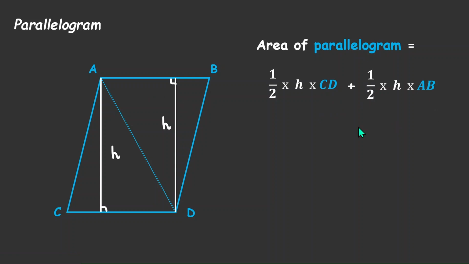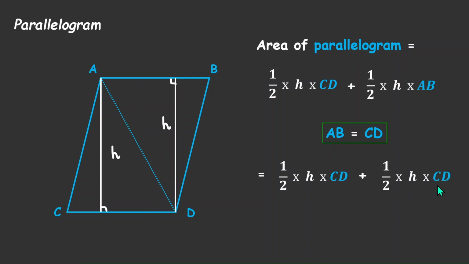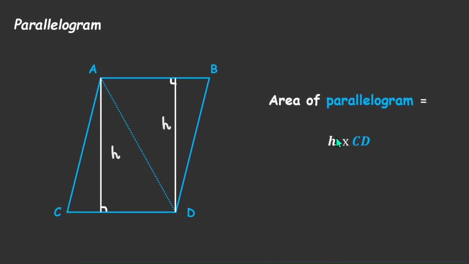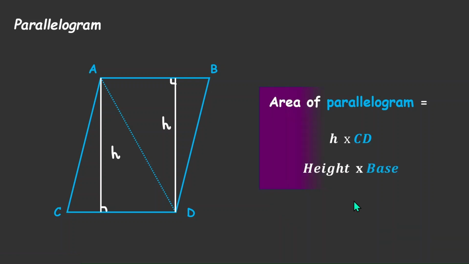Now for a parallelogram, the opposite sides AB and CD are going to be equal, so here we can replace AB with CD. So we have half into h into CD plus half into h into CD, and they are the same thing. So this becomes h into CD. And that is simply what the area of a parallelogram is, where h is the height of the parallelogram and CD is the base of the parallelogram.